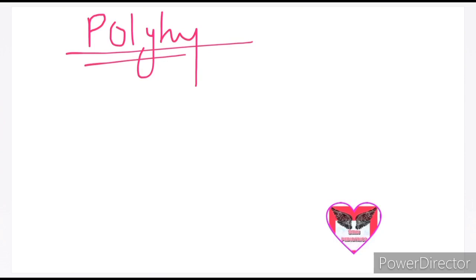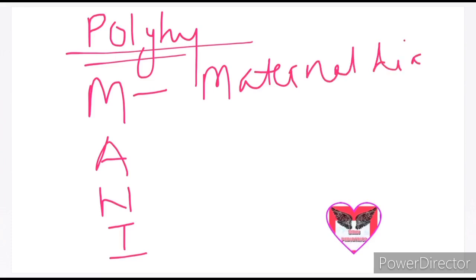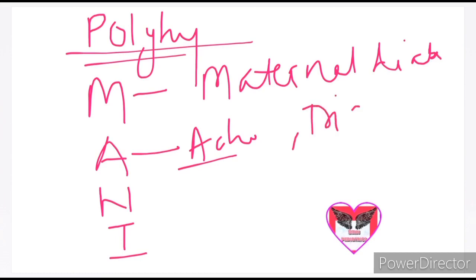Similarly, for polyhydramnios we have poly means like many, MANII. M for maternal diabetes, A for achondroplasia, that is syndromic baby, trisomy 21, 18.